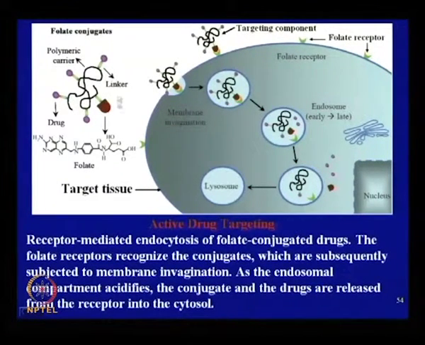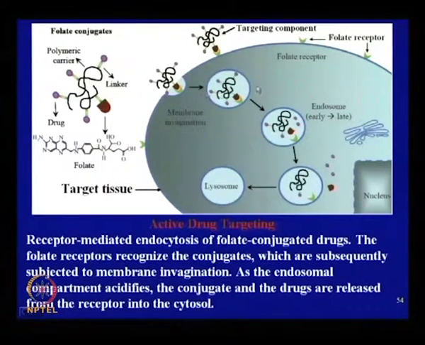So, this is a system containing polymer to which drug is attached through the linker, and it is again connected to a detector, and there will be a receptor which will recognize only this, not the others. This receptor, folate receptor, will only recognize the folate, not others.